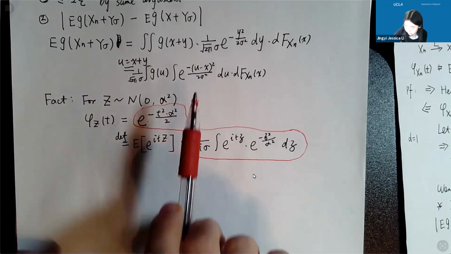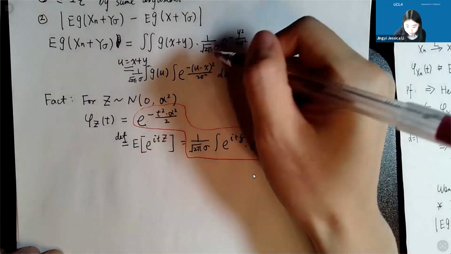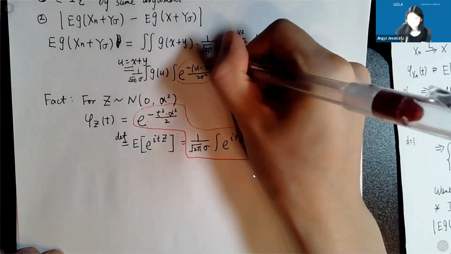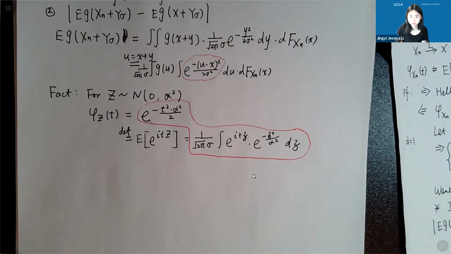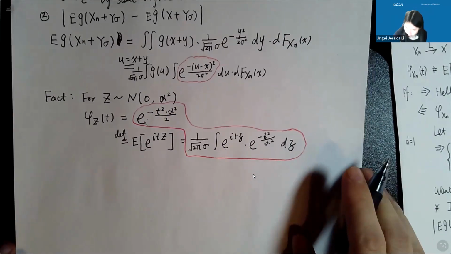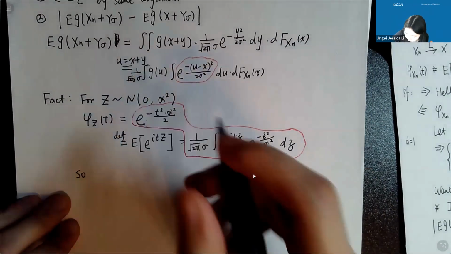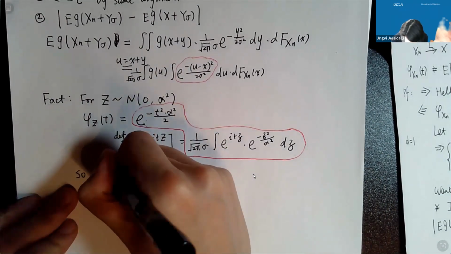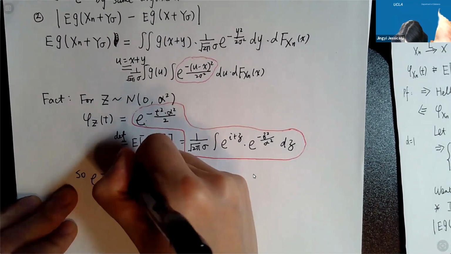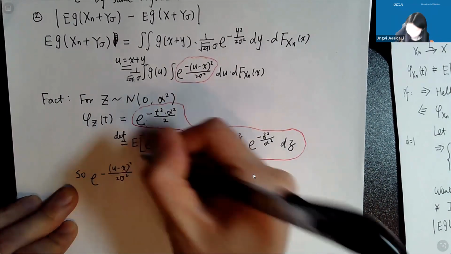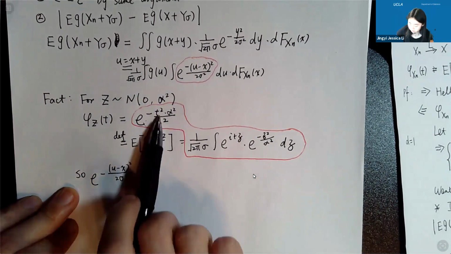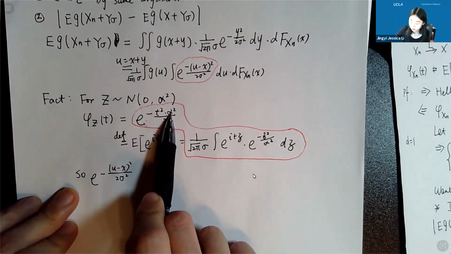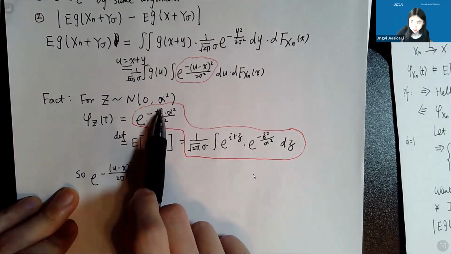Seeing this, let's see how we can replace this part. Following the same idea, given this fact, we can write exponential negative u minus x squared over 2 sigma squared. Following the same format, now my sigma is 1 over alpha, and u minus x is t.